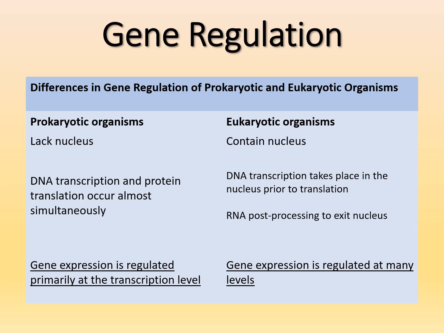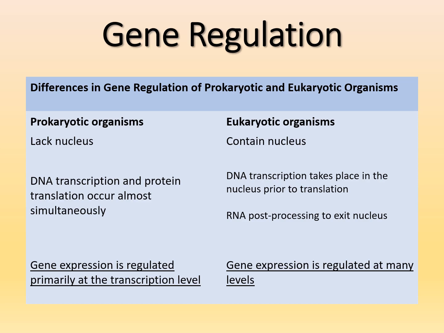So let's compare the differences between prokaryotic and eukaryotic cells when we're talking about just transcription and translation as well as gene regulation. If we look at the differences, prokaryotic cells lack a nucleus, so they're much more simplified, right?